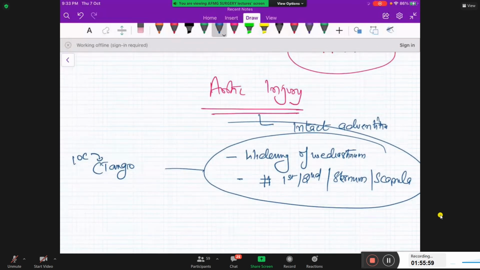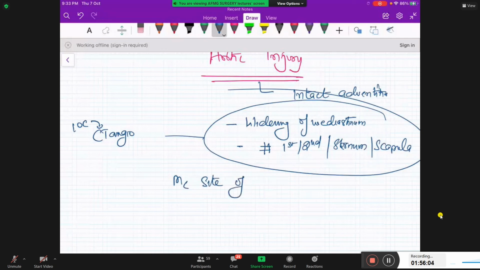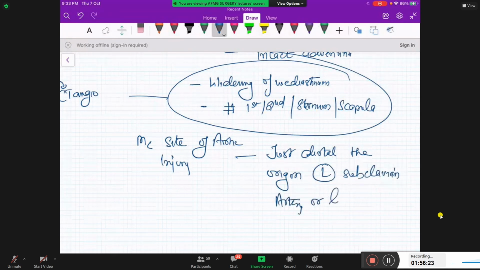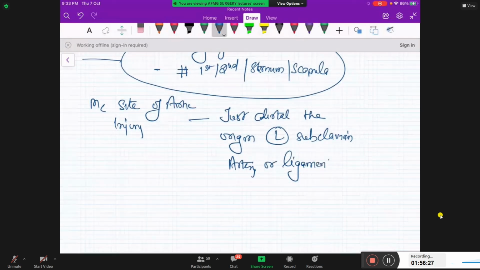Okay, and the most common site of aortic injury is just distal to the origin of the left subclavian artery or ligamentum arteriosum.